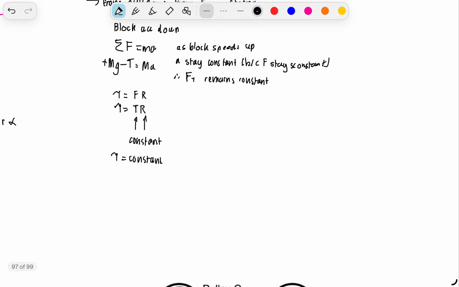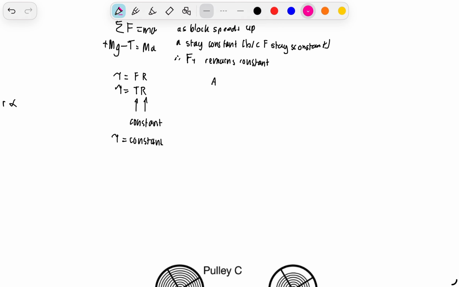Now, what about your angular momentum? So let's talk about our angular momentum. What is an angular momentum? It's L is equal to I omega. So this means that we can look at our pulley and our block. As our block falls, the pulley is going to move faster.